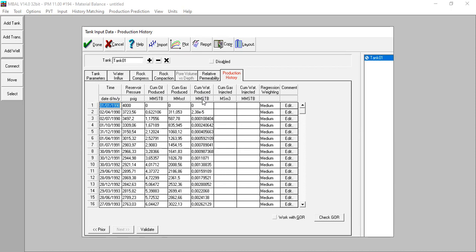Okay, so far so good. And let me check again the unit for the cumulative gas produced. Okay, it's already correct. And now we can plot.